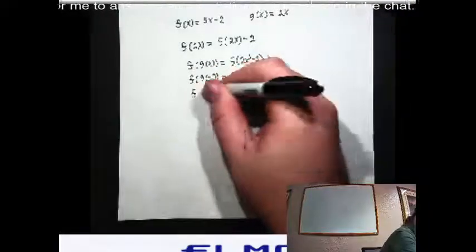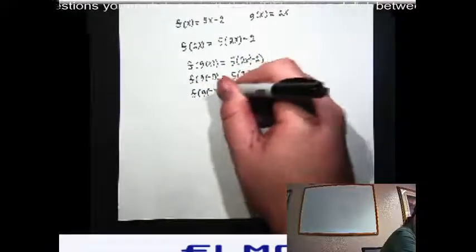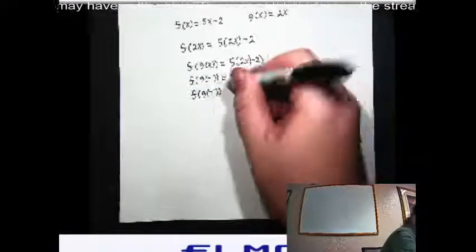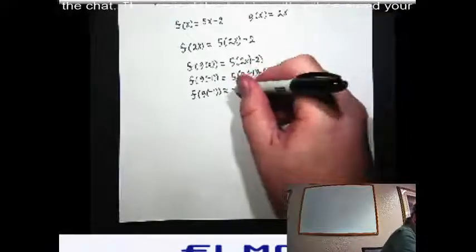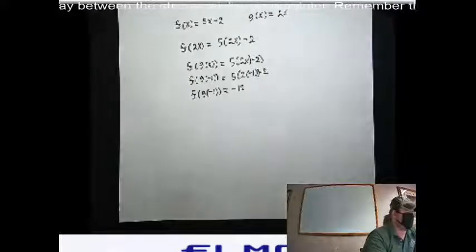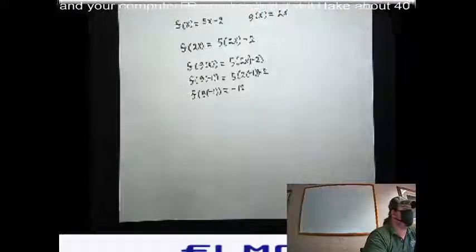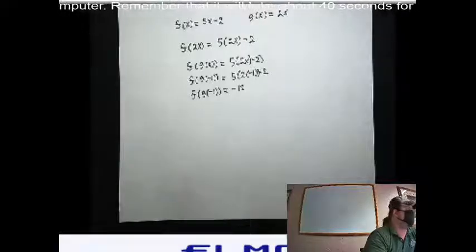So f of g of negative 1 equals negative 12. Does that make sense? What questions do we have?